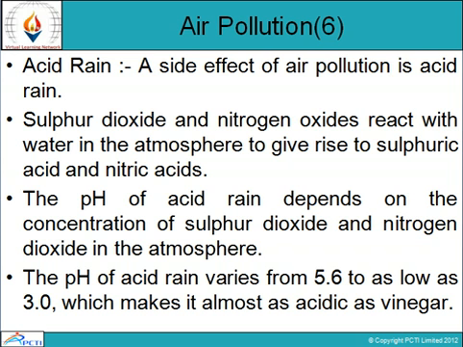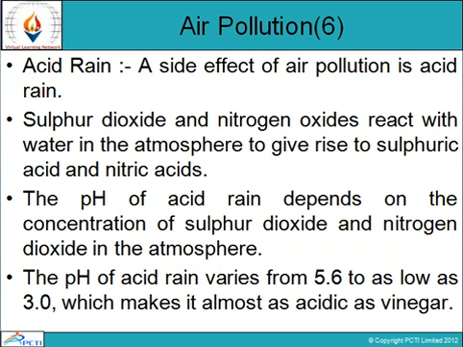Air pollution, again, acidic rain. A side effect of air pollution is acidic rain. Sulfur dioxide and nitrogen oxides react with water in the atmosphere to give rise to sulfuric acid and nitric acid.